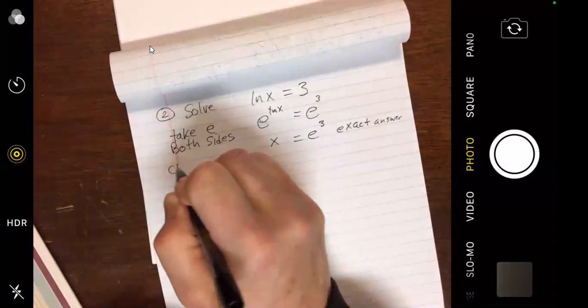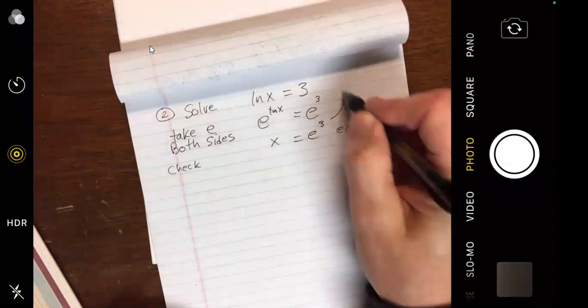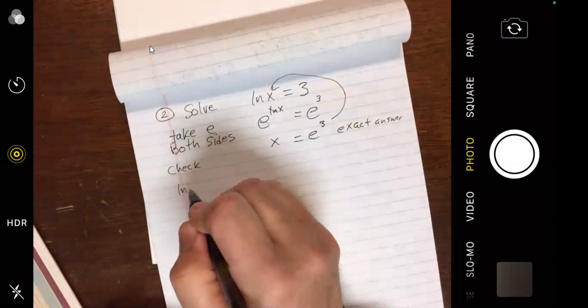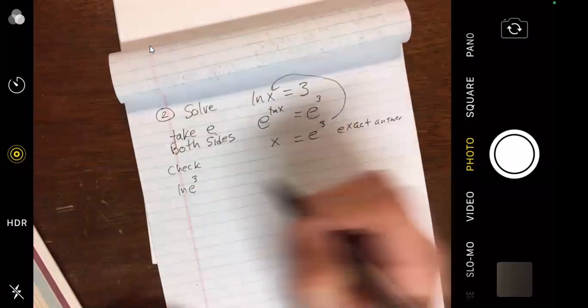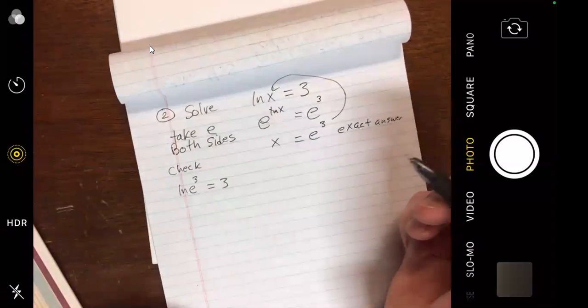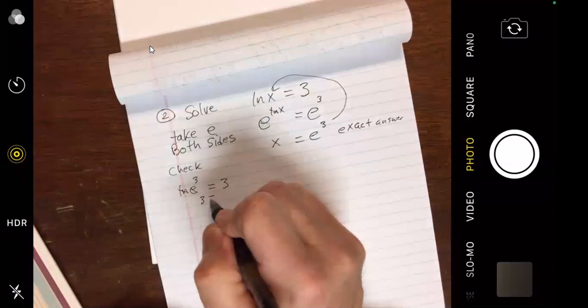You can see the check. If I plug e to the 3 back in, ln of e to the 3 does indeed equal 3. 3 equals 3.